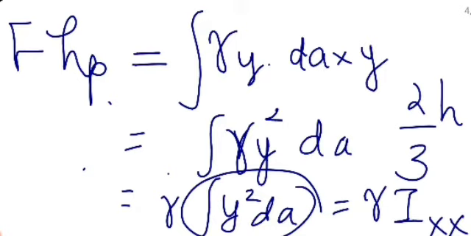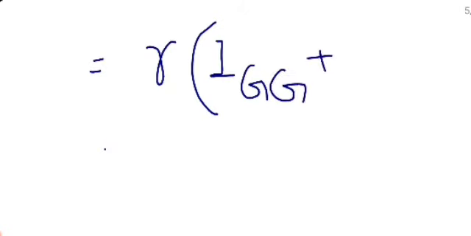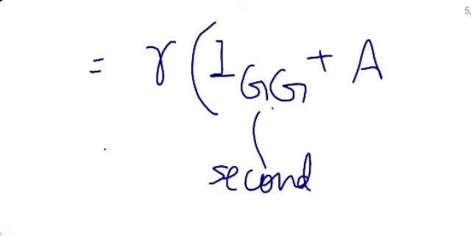Ixx is the second moment of inertia about the water surface line. If we take it about the centroid, gamma Ixx is nothing but Igg plus the area of the plate times the distance to the centroid from the water surface squared. Igg is the second moment of inertia about the centroid.